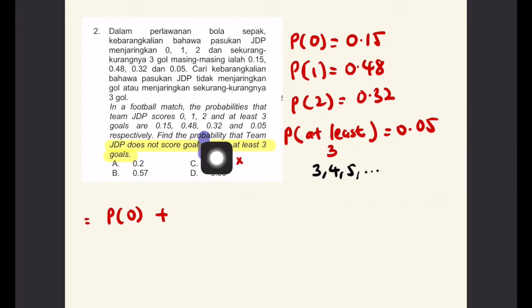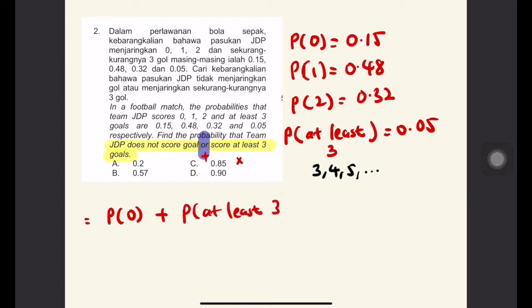So 'or' scores at least 3 goals, which is P of at least 3 goals. The value of P0 is 0.15 plus the value of at least 3, which is 0.05. Adding them we get 0.2. So the answer is A, 0.2.